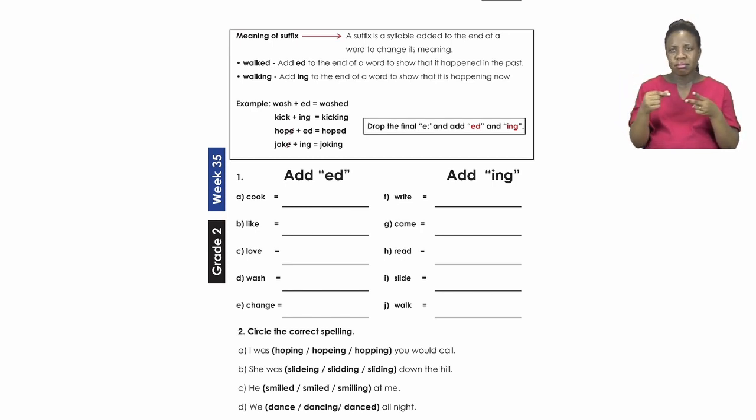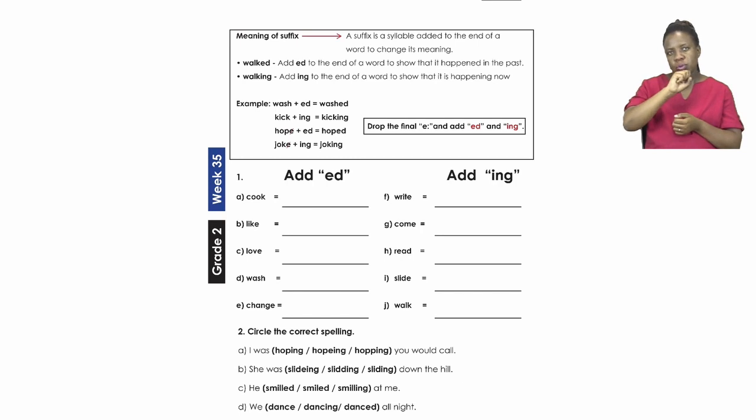The rules for these two are actually quite different. When we are using ed, we need to make sure that there is no e at the end. For example, the word wash has no e at the end. So when you say wash plus ed, it changes to washed.